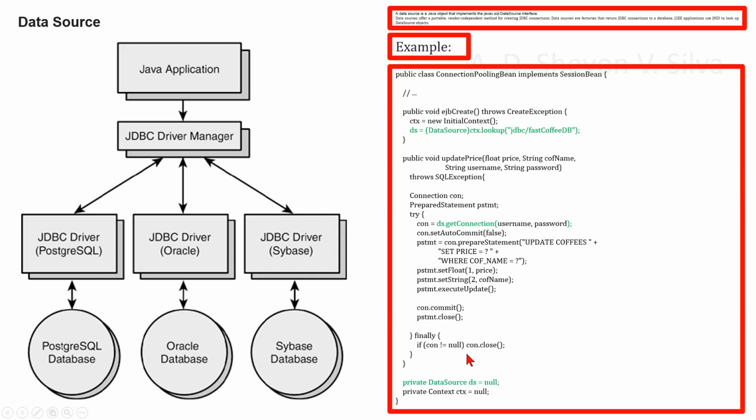Otherwise, an application using pool connections is identical to an application using regular connections. The only other thing an application programmer might notice when connection pooling is being done is that performance is better.